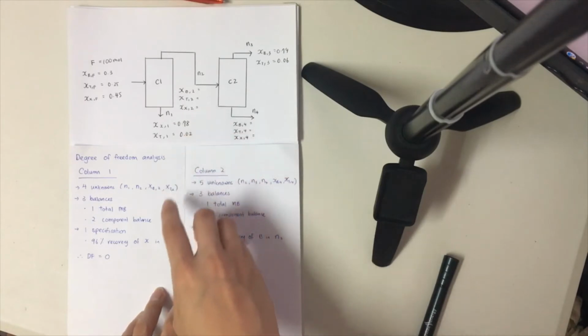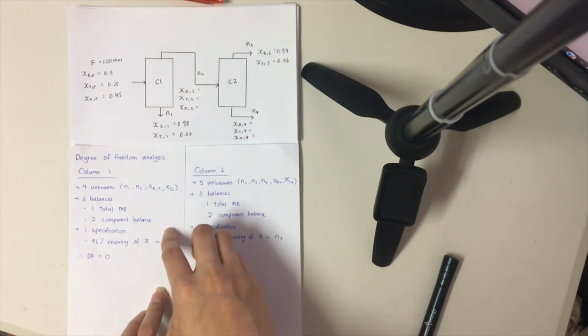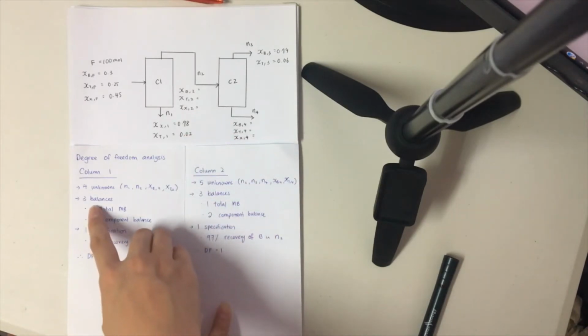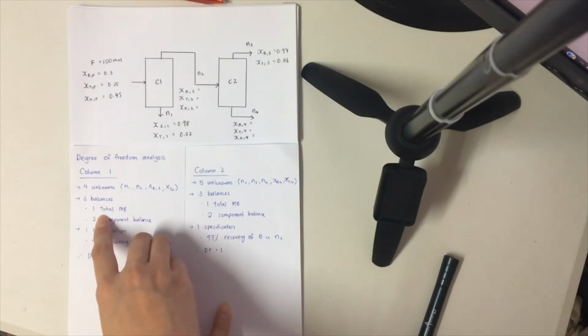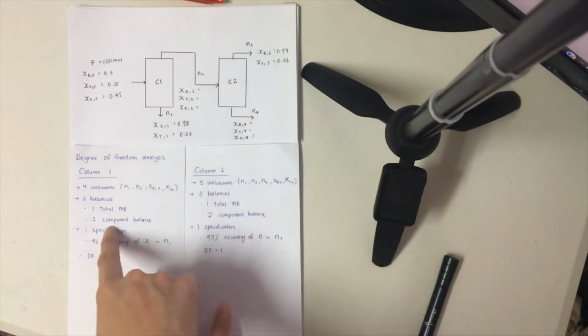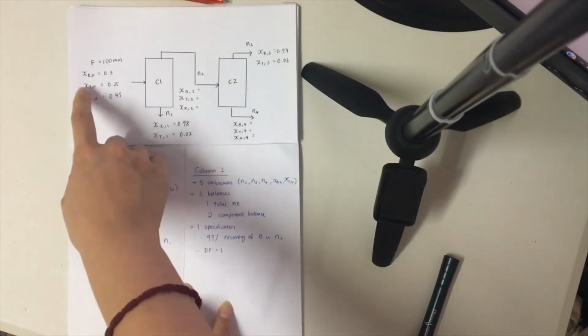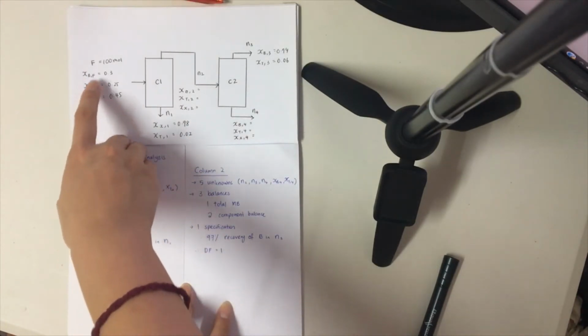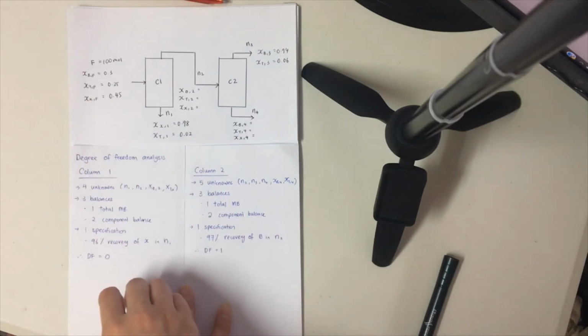Then we have 3 balances: 1 total material balance, and 2 component balances, B, T, or X, either 2 of them.